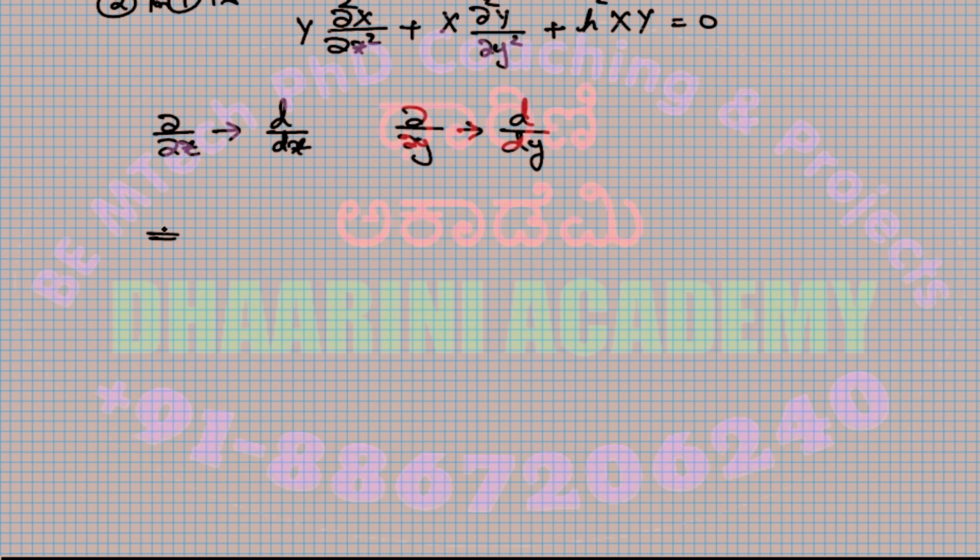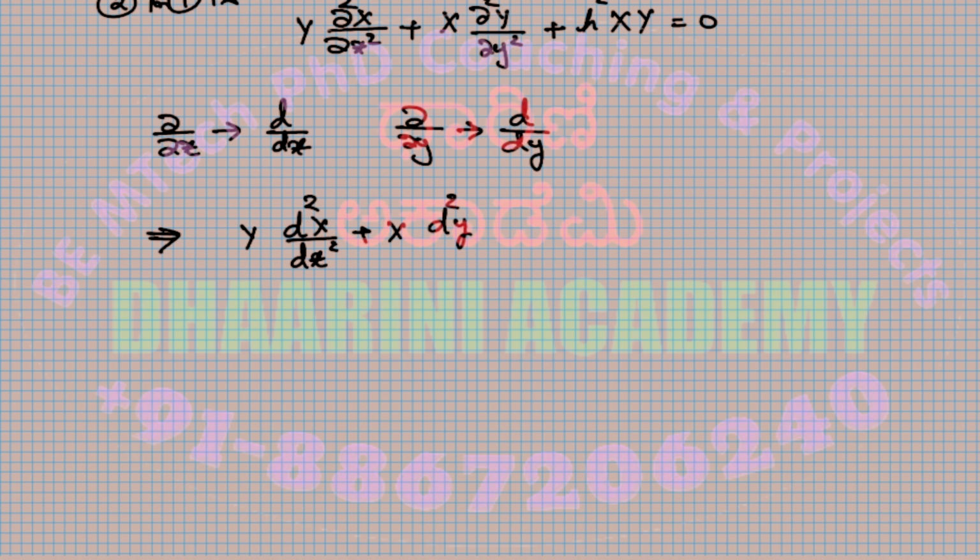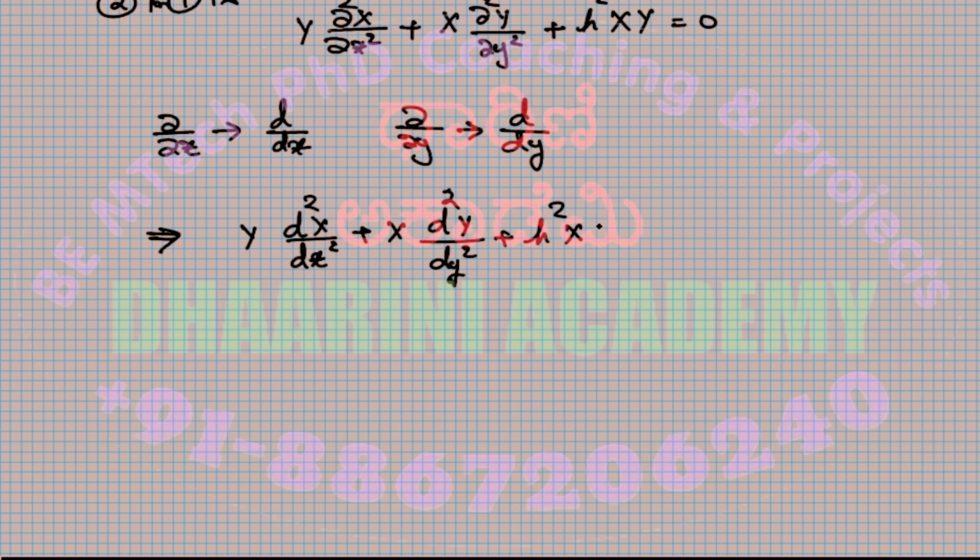So my equation changes now. Y times d²X/dx² plus X times d²Y/dy², sorry, it's a capital Y, mistake, plus h² times XY equals 0.